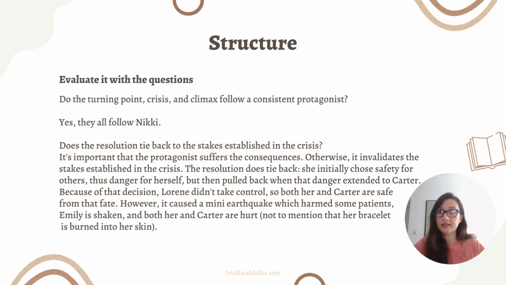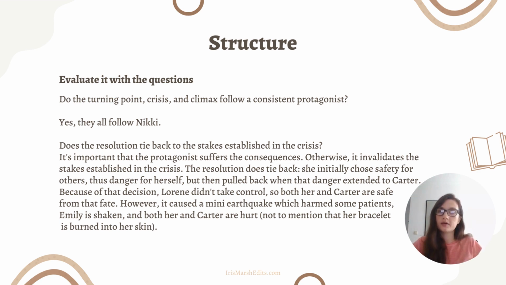Here the resolution does tie back, because she initially chooses safety for others, this danger for herself, but then she decides to pull back when that danger is extended to Carter. And because of that decision, Doreen didn't take control, so both her and Carter are safe from that fate. However, it did cause this mini earthquake, which harmed some of the patients that were present.